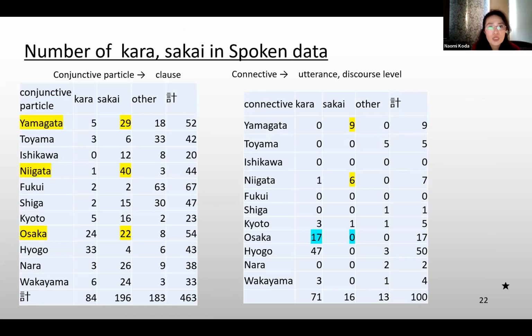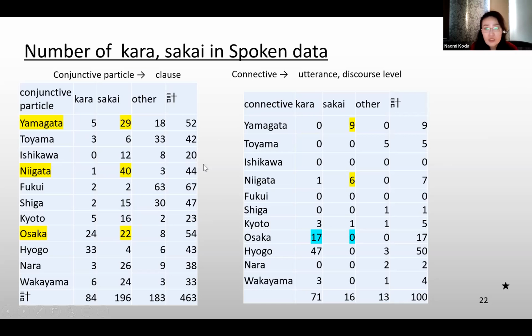This is the number of tokens of Sakai in spoken data. So if we see Yamagata, Niigata, Osaka, we can see that sakai is used in conjunctive particle a lot.